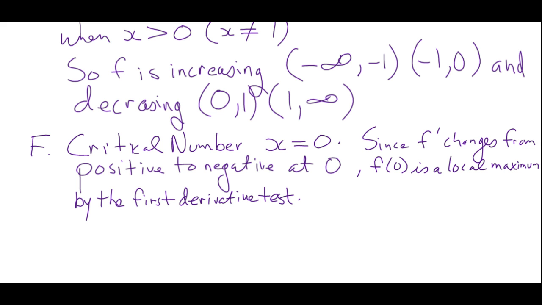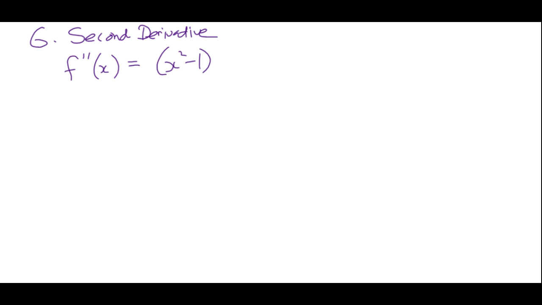Okay, second derivative. So it's the denominator, which is x squared minus 1 squared, times the derivative of the numerator. And the numerator was minus 4x, so that's minus 4.